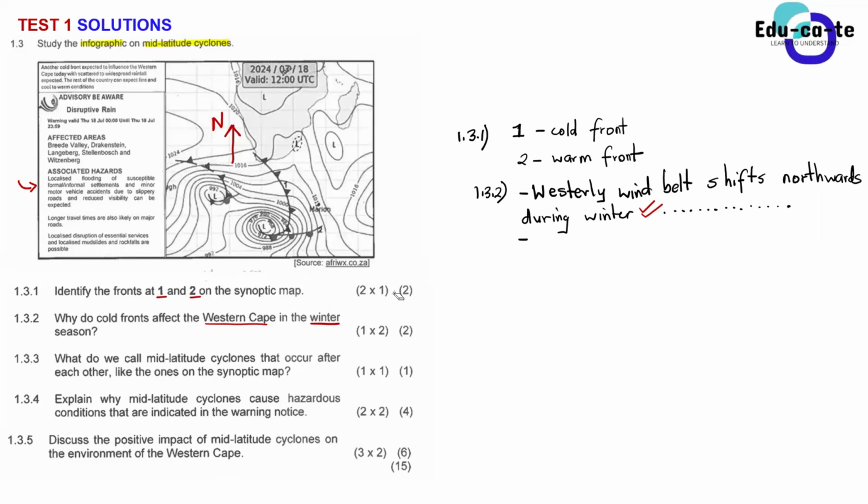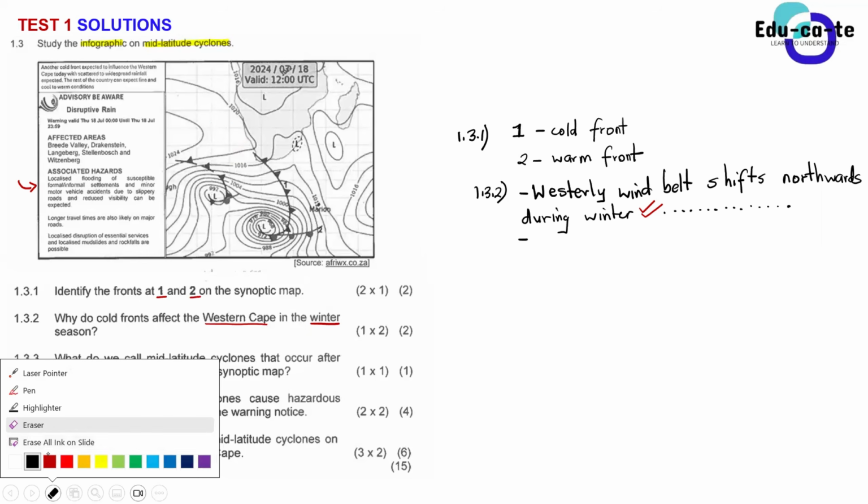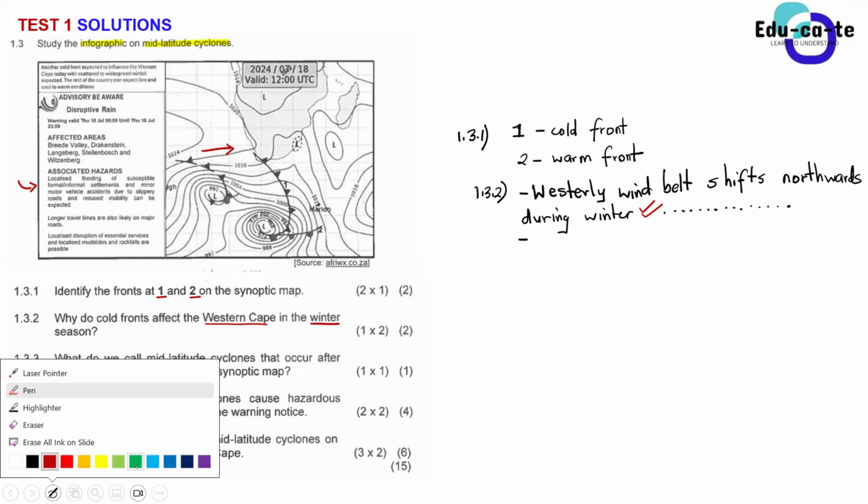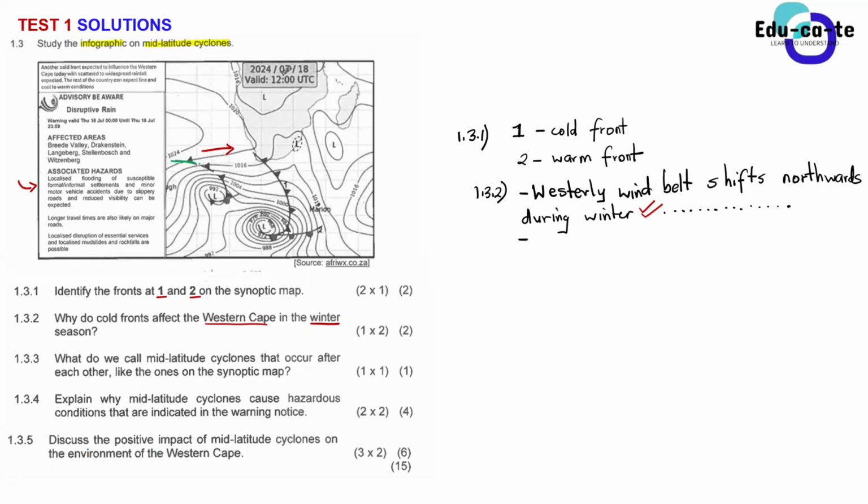But because here they want to know the reason, what actually causes the mid-latitude cyclone to be closer to the land during that? You can also mention, guys, that the mid-latitude cyclone moves from west to east. Imagine this mid-latitude cyclone, this small one that I'm highlighting.